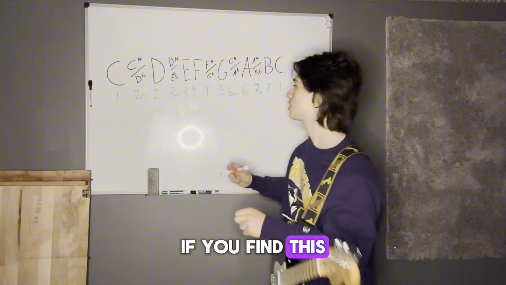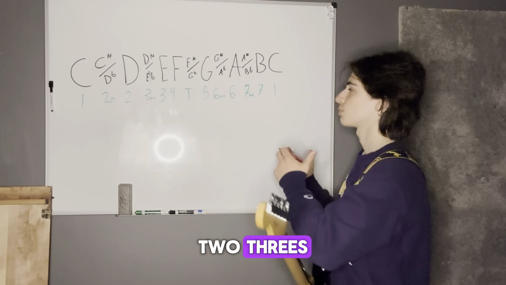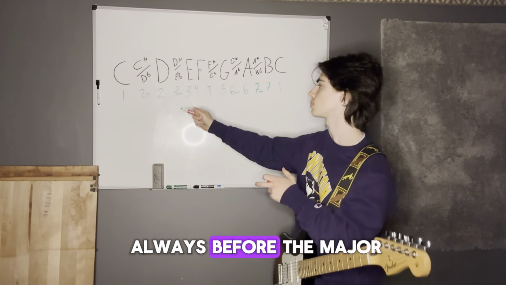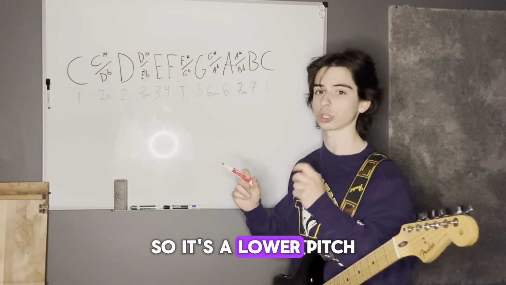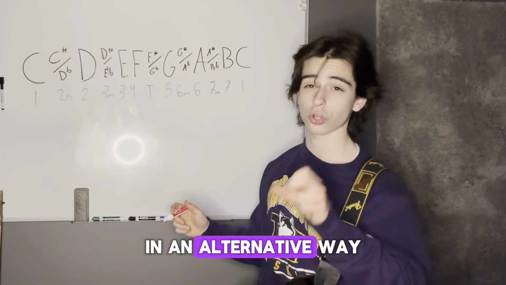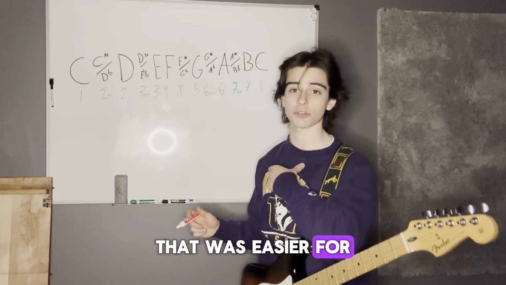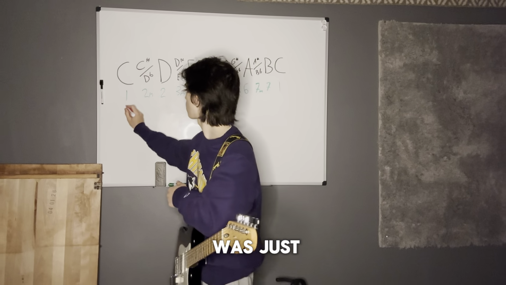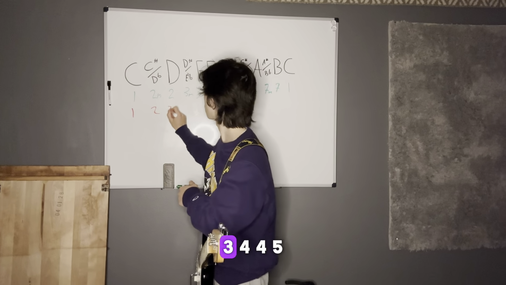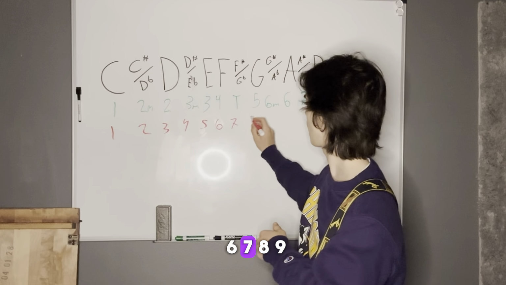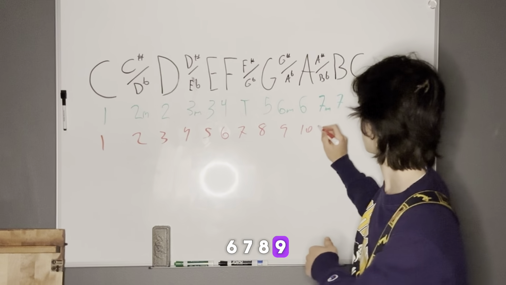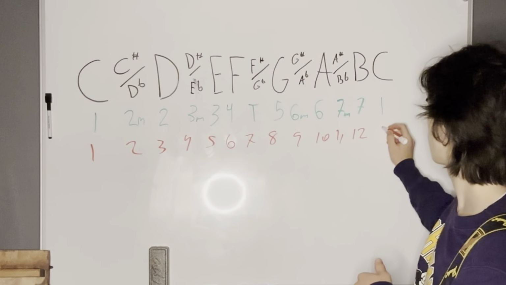Alternatively, if you find having two 2s and two 3s really weird, you have to realize the minor is always before the major, which also means it's a half step lower, so it's a lower pitch. An alternative way to recognize this that was easier for me at the start was just 1, 2, 3, 4, 5, 6, 7, 8, 9, 10, 11, 12, back to 1.